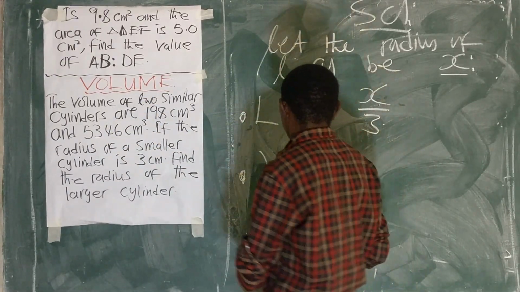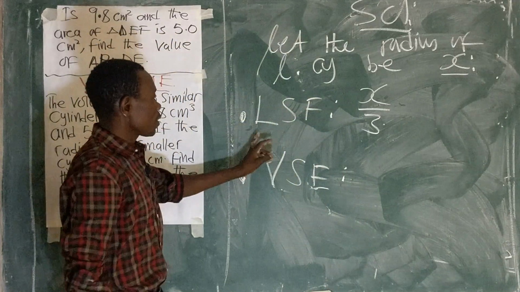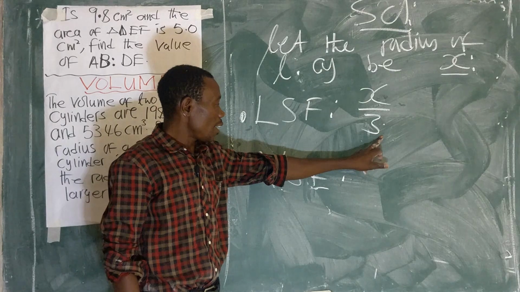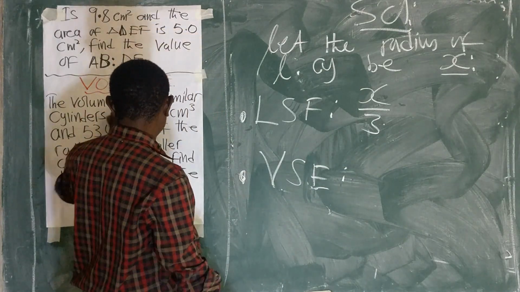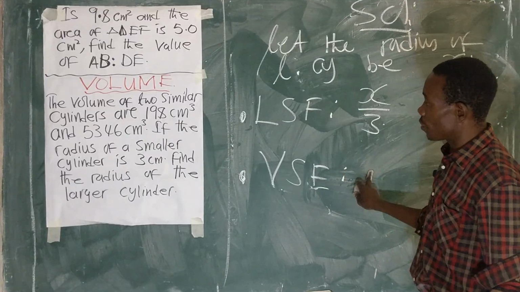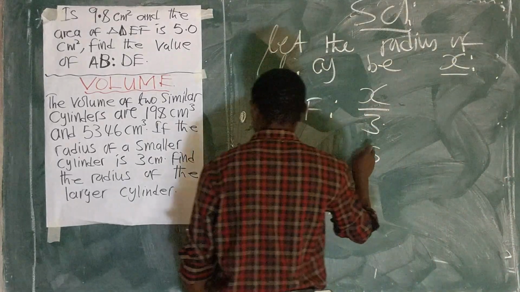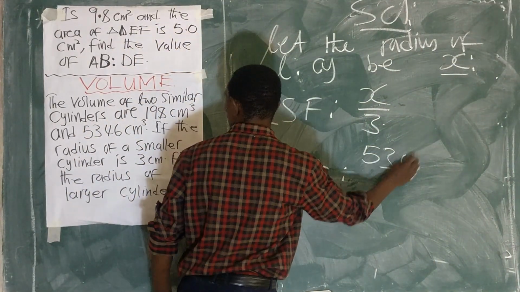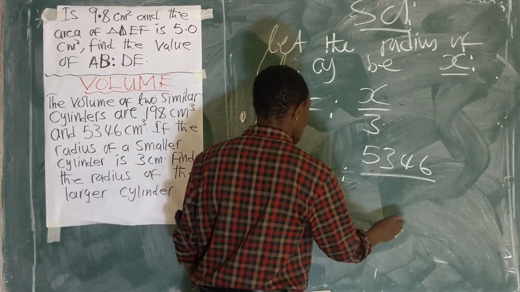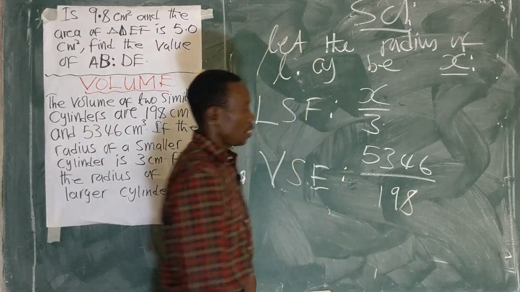Since in the linear scale factor we studied the larger radius to the smaller radius, we also do the same way. It means we begin with the larger volume. If we introduce the ratios, that is 5,346 to 198.